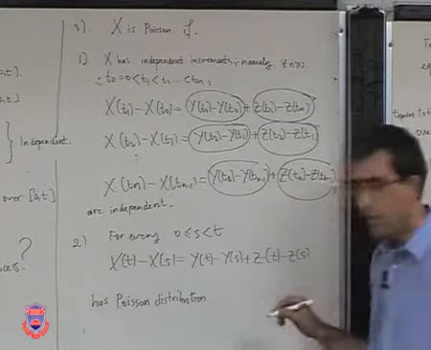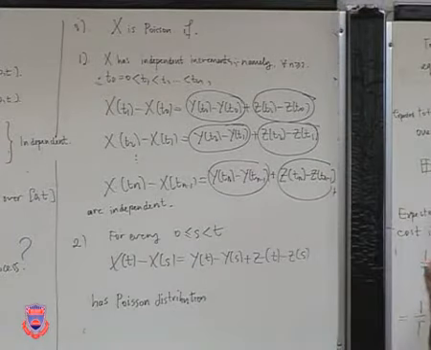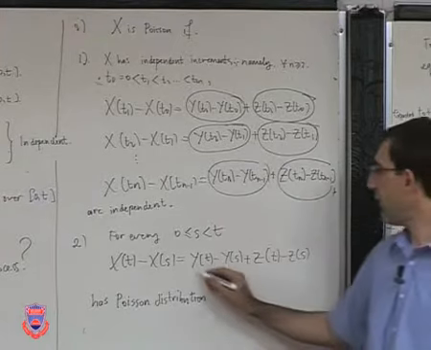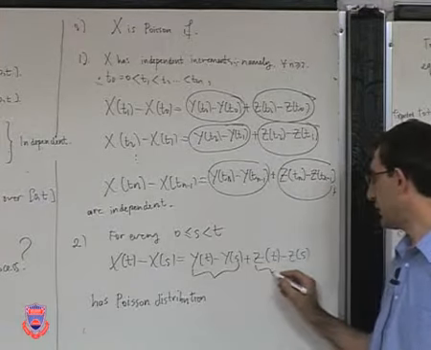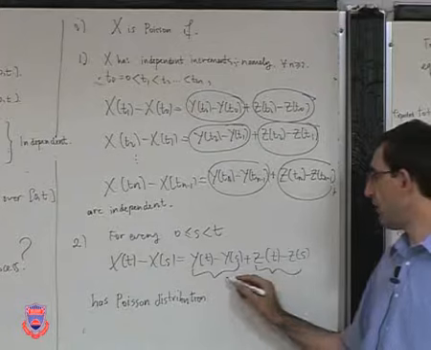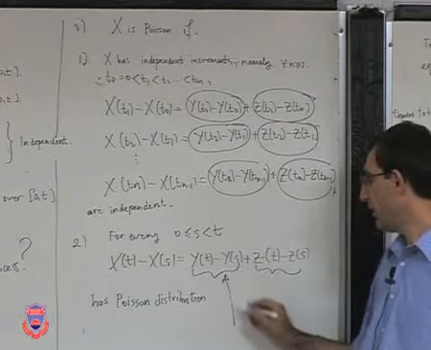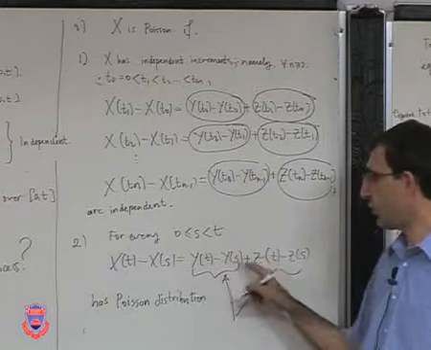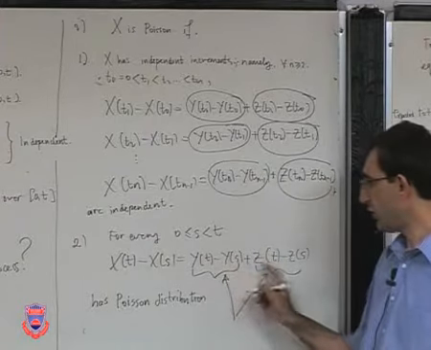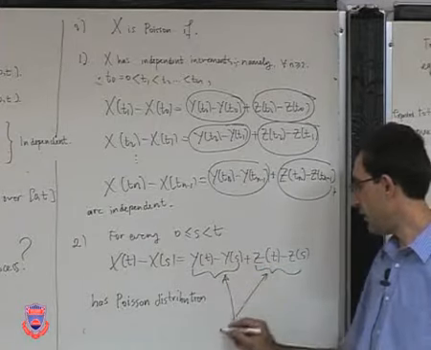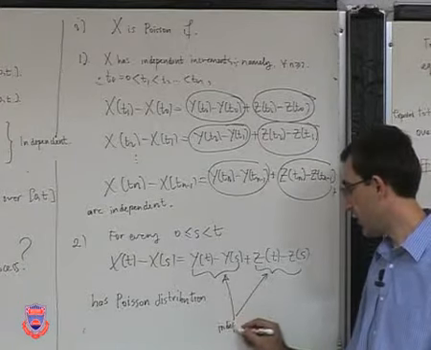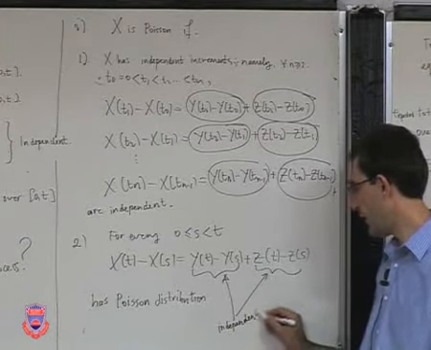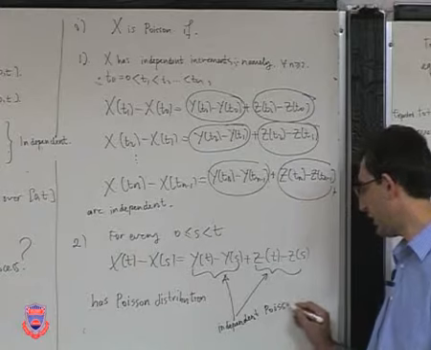Now we need to remind ourselves that since y and z are Poisson distributed and independent of each other, these are independent Poisson random variables.